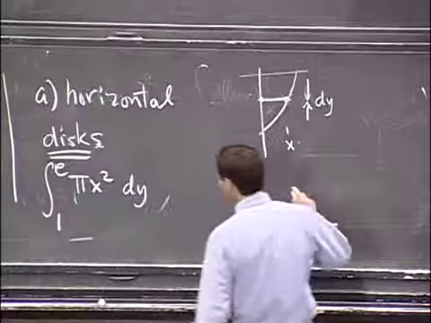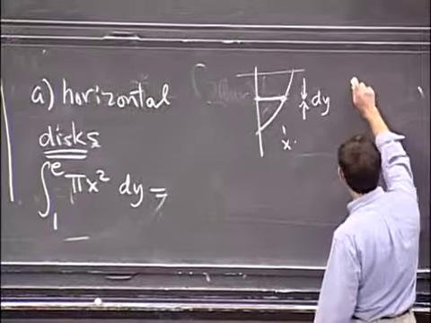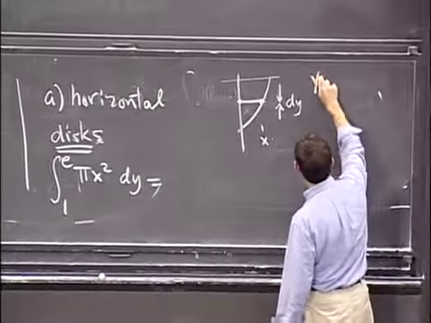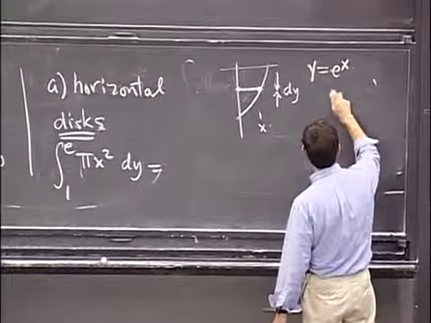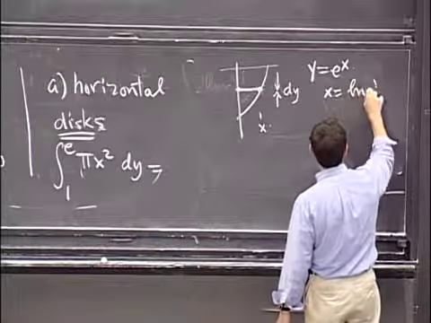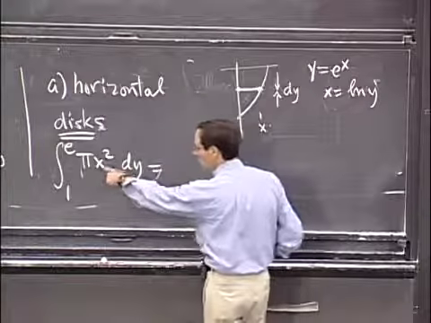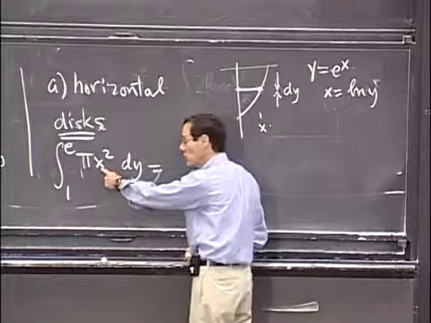And now we have one last little item of business before we can evaluate this integral, and that is that we need to know the relationship here on this curve that y is e to the x. So that means x is natural log of y. And in order to evaluate this integral, we have to evaluate x correctly as a function of y.